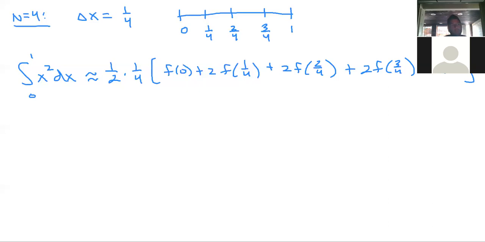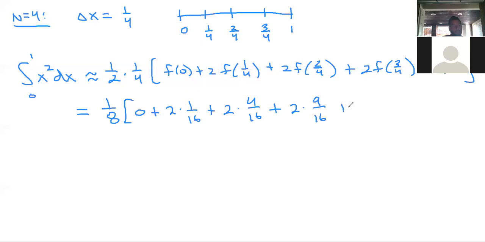So try to go a little quicker here. This is 1/8 out front, and then 0 squared is 0. So you're left with 0 plus 2 times a 16th plus 2 times 4/16 plus 2 times 9/16.